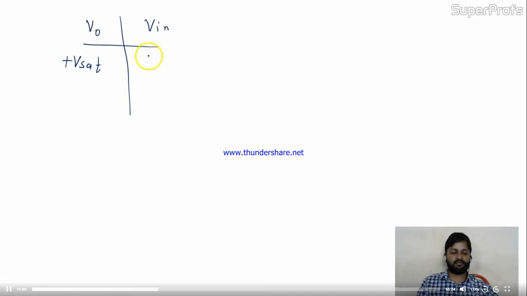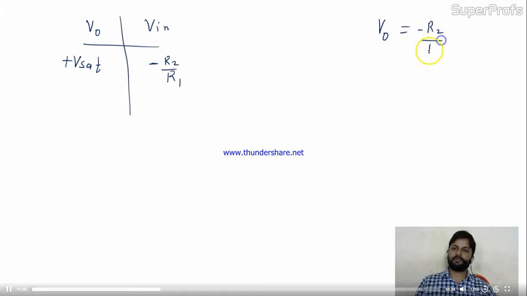We have seen the value of V in should be minus R2 by R1. Actually we got the condition that V naught is equal to minus R2 by R1. Let's take it like this. Now the question is, if you consider V naught as plus V saturation.